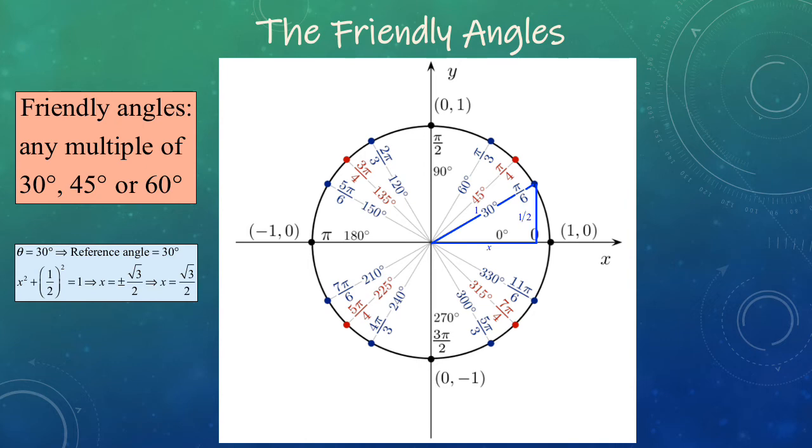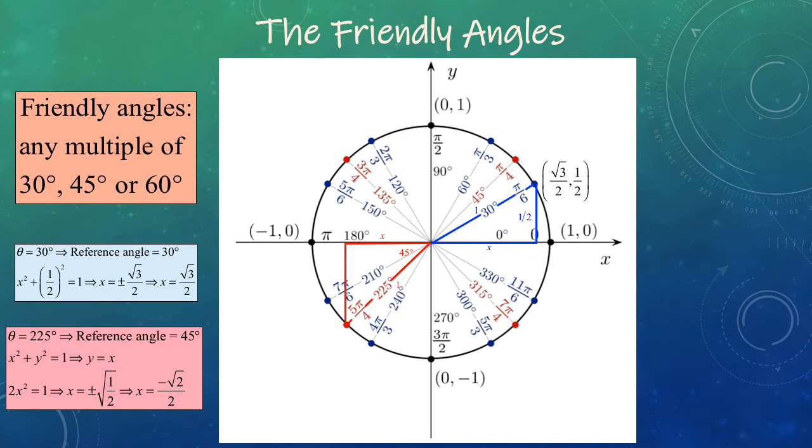And since the hypotenuse is 1, then we know that the side opposite the 30 degrees must be half of that, or 1/2. So by the Pythagorean theorem, x squared plus 1/2 squared is equal to 1. And x would equal plus or minus the square root of 3 over 2, but since it's in the first quadrant, it is positive. Hence, the coordinate is the square root of 3 over 2, 1/2.